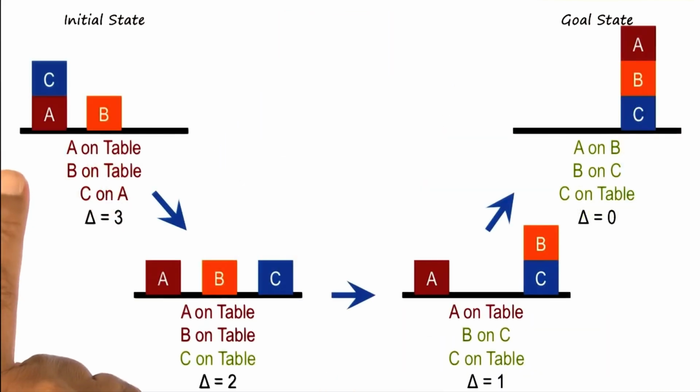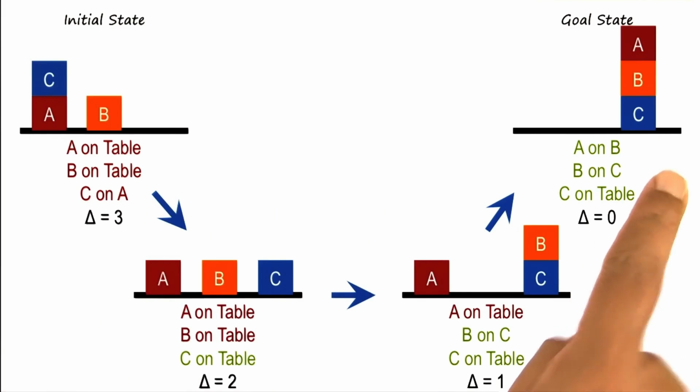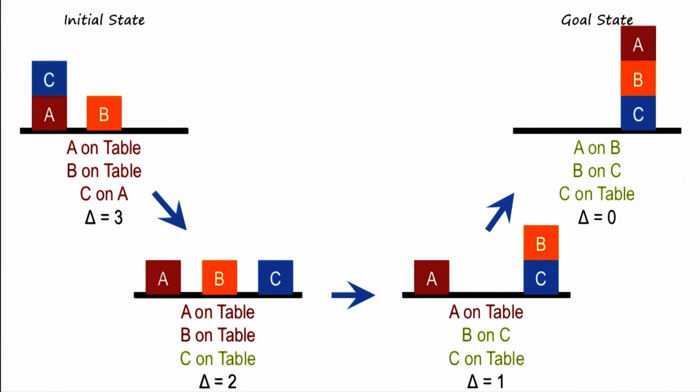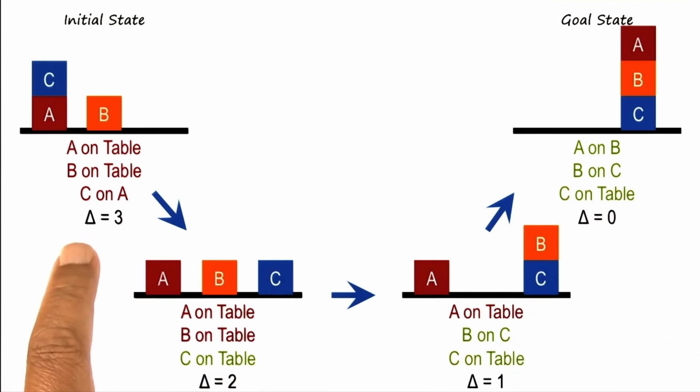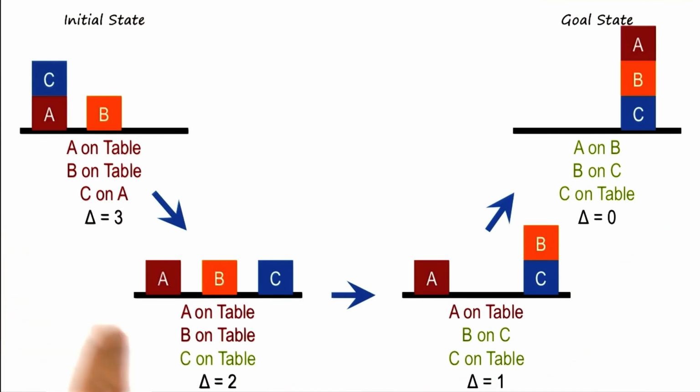So this chart illustrates the path taken from the initial state to the goal state. And the important thing to notice here is that with each different move, the distance between the current state and the goal state is decreasing from 3 to 2 to 1 to 0. This is why means-ends analysis comes up with this path, because at each time it reduces the difference.